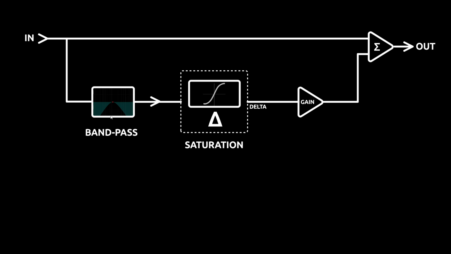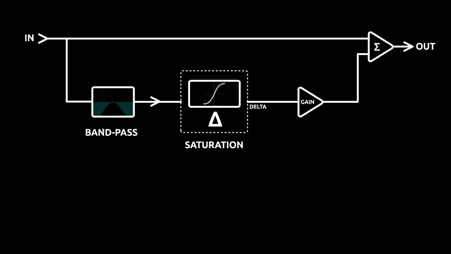And even though we used a bandpass filter here, the mix itself has never passed through any filters or crossovers or anything like that. And since we're extracting the delta signal from the saturator, we really don't have any filtered sound, so to speak, within the delta signal either.